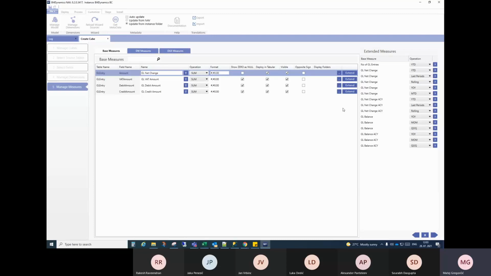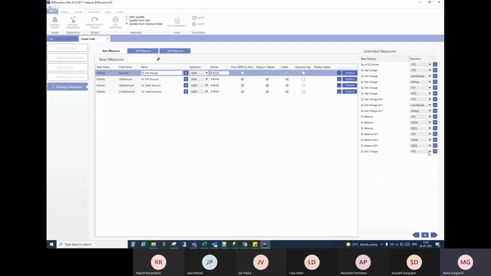It means that you will extend its functionality in some way. To be really concrete, if we take a look at GL net change, this is a base measure, and we will extend it. I can press extend here again, and it will show up here. Just so you know, you can extend a single measure many times.